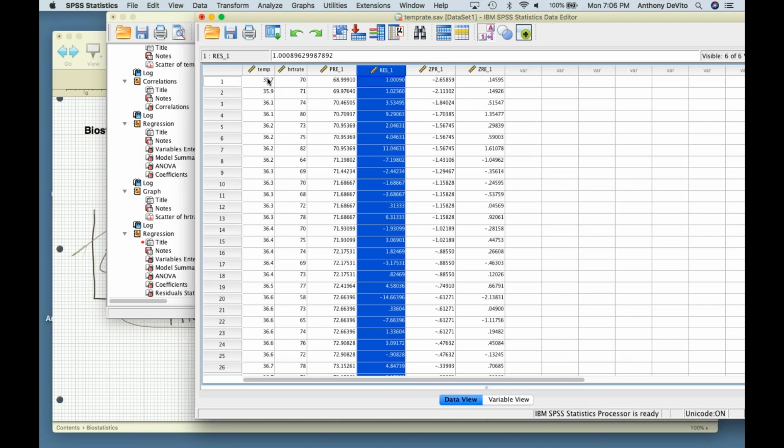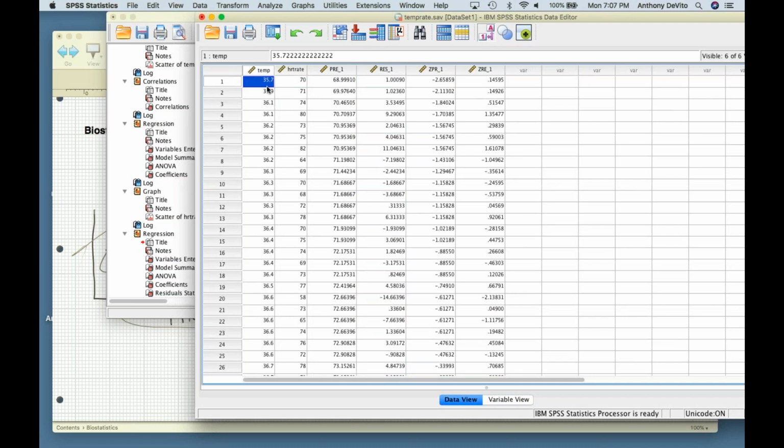And if we look at this, the actual body temperature of this person is 35.7. Their heart rate is 70. Our formula, based on that temperature, predicted that their heart rate would be 69. Not too bad, but it's off by a bit. And in fact, we know it's off by exactly 1 because that's the residual. The residual is the error, the difference between the actual value and what our formula predicts.